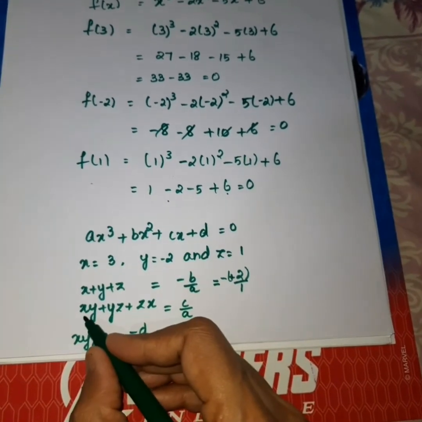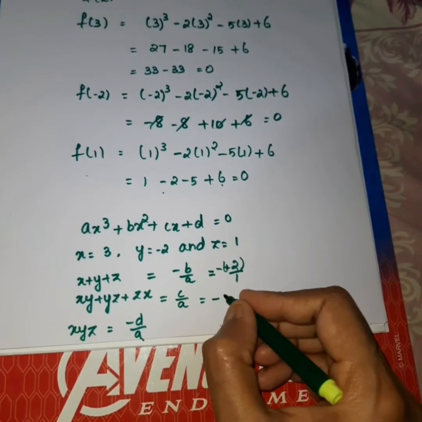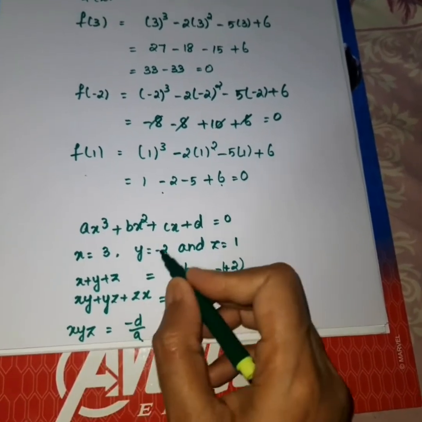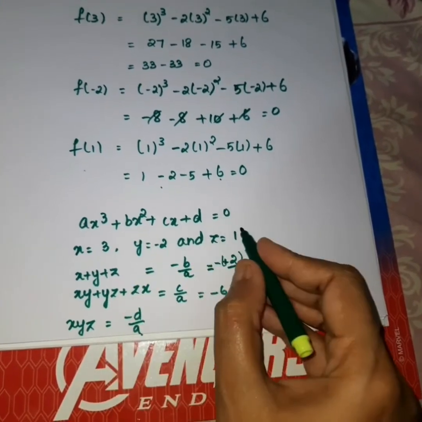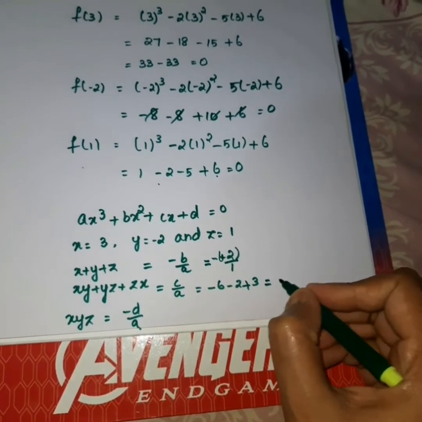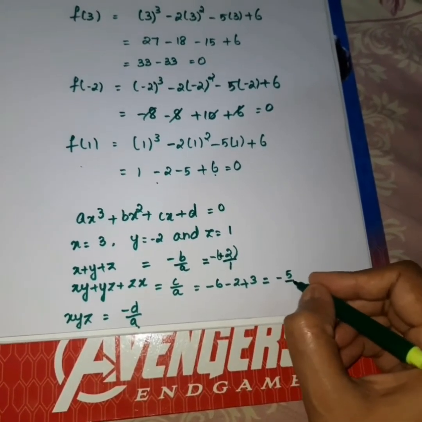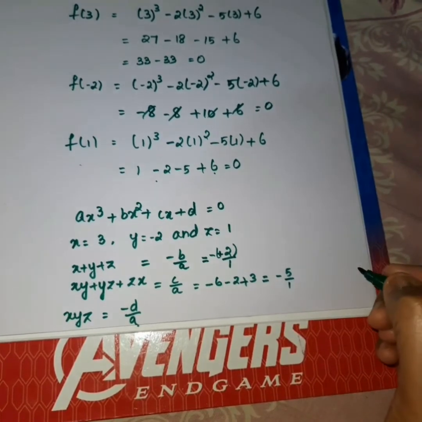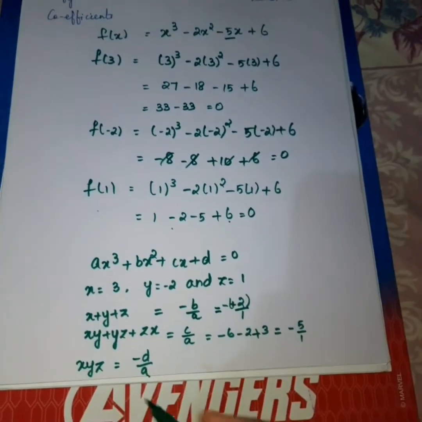Next, we'll see the product of only two variables, xy plus yz plus zx. So that's minus 6 plus minus 2 plus 3. So that's going to be minus 8 plus 3, that's minus 5 by 1. If you see the coefficient of x, that's minus 5, yes.